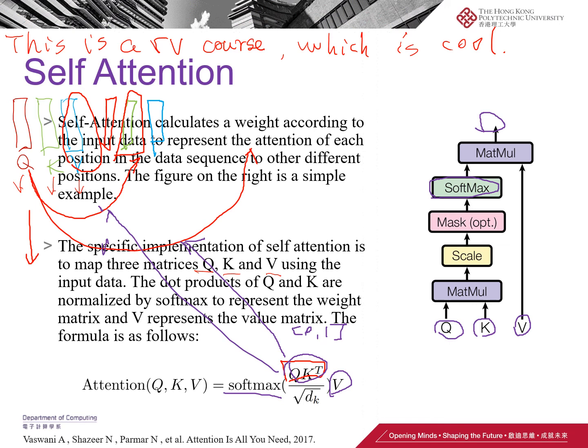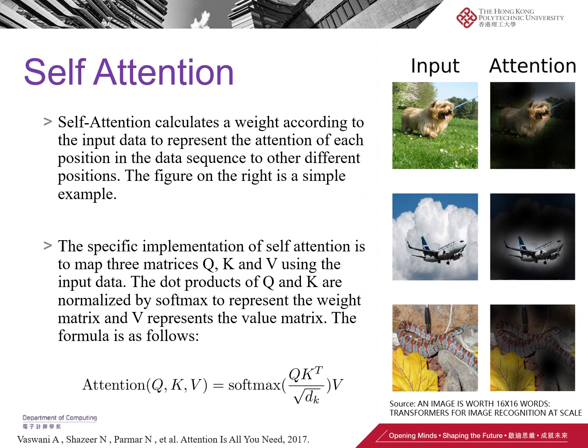It's from the NLP domain again, as I mentioned. However, you have already seen that in the vision domain, we can represent each image as visual words as well. In that case, we will have something like this. So each of the patches, this is the simplest way, is one visual word, or we can extract local features as the visual words, or even take each pixel as one visual word.